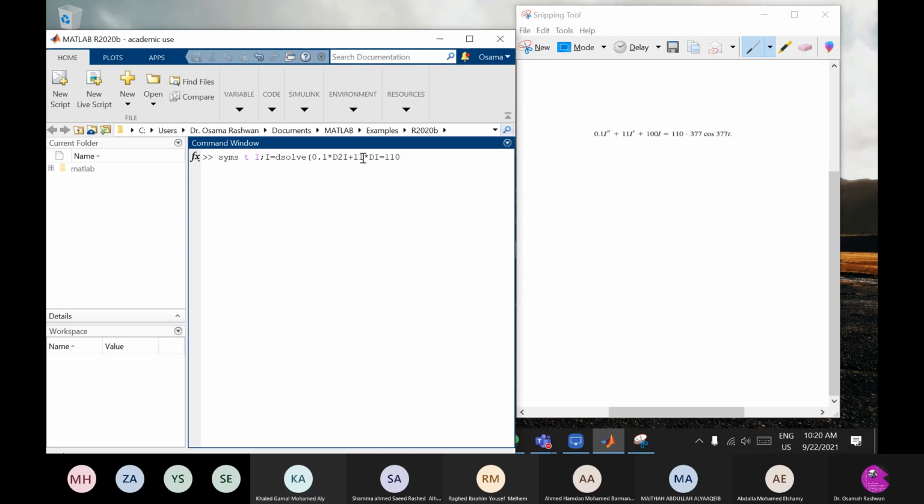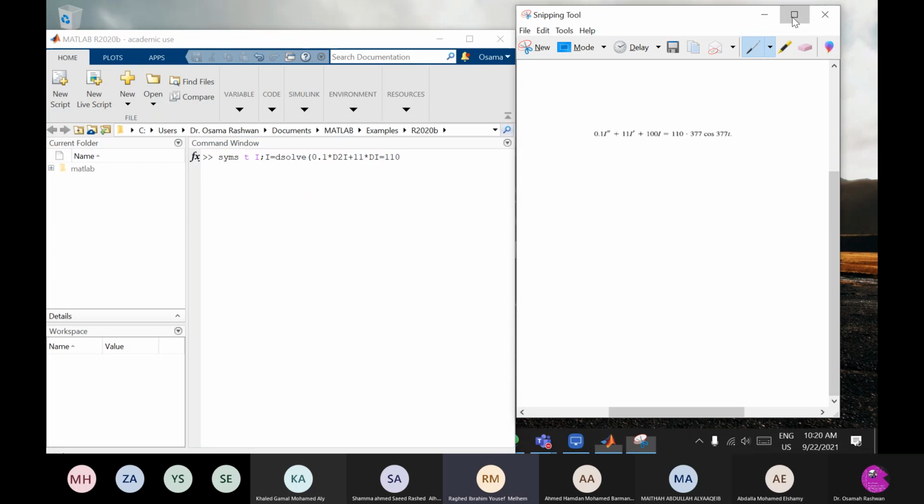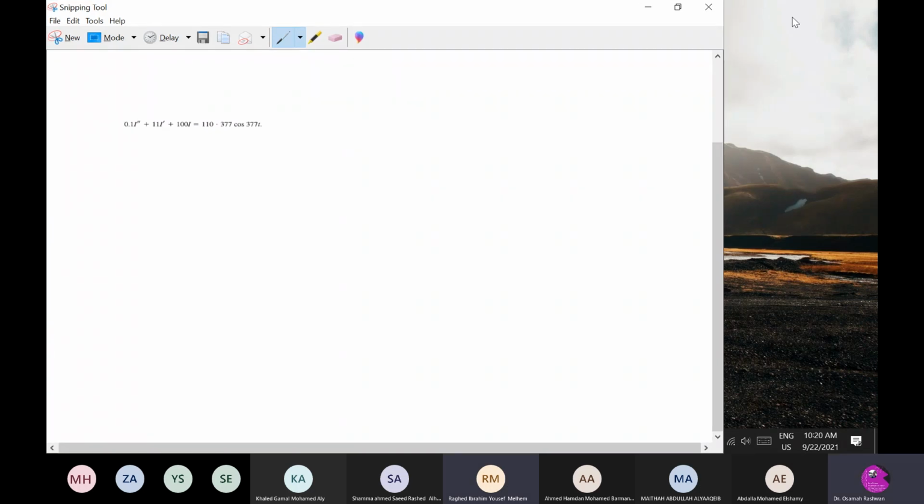110. Is this minus or plus? This is plus. No, before there are 100i.